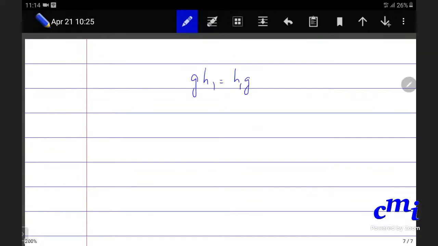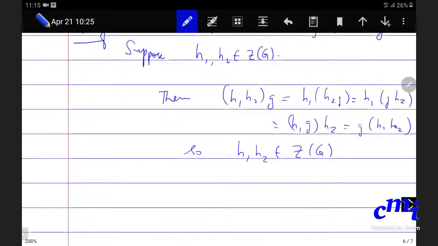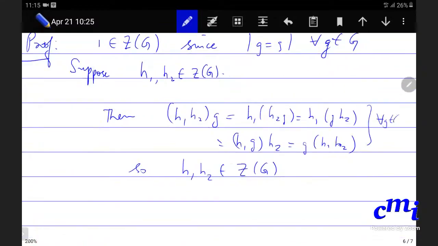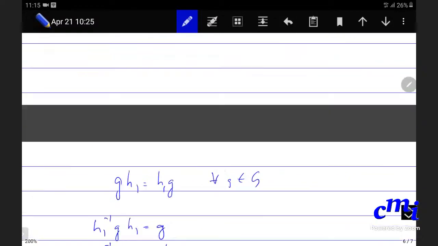Multiply on the left by h1 inverse, and multiply on the right by h1 inverse. This is again for all g. That is why h1 inverse is inside this.